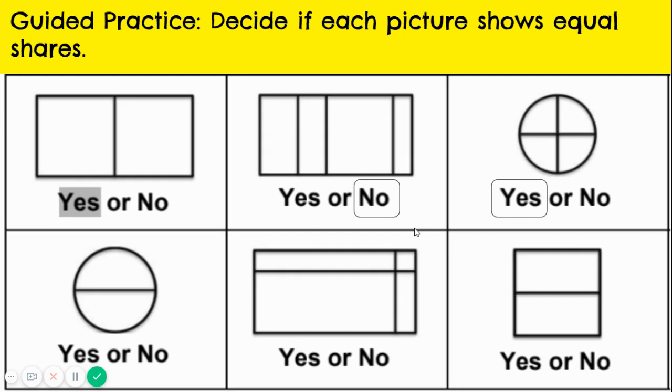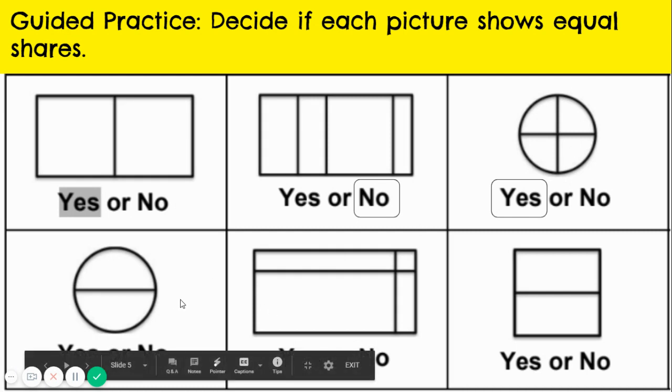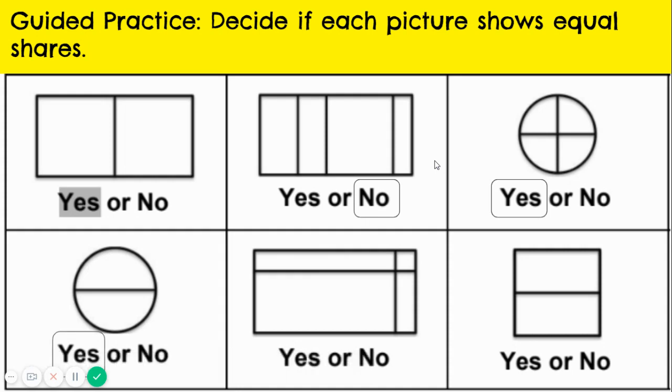The next one, equal shares? Yes, equal shares because those two parts are the same size. The next rectangle, equal shares? No, not equal shares. They are not the same size. The last one, equal shares? Yes, they are equal shares because they are the same size.